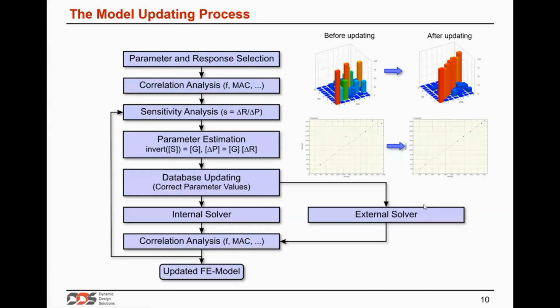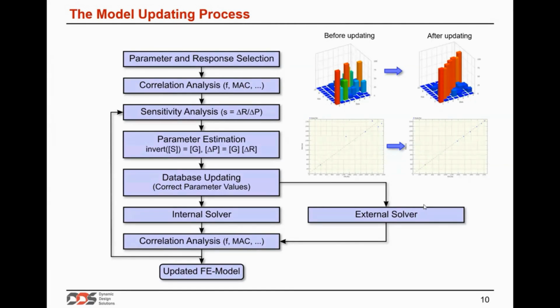So the application will decide the parameter choice, but also information about uncertainty, and information about the correlation analysis that was done to observe the difference between simulation and test.